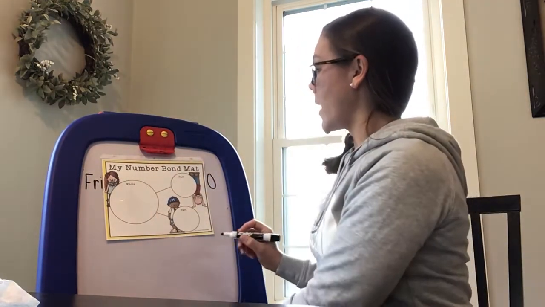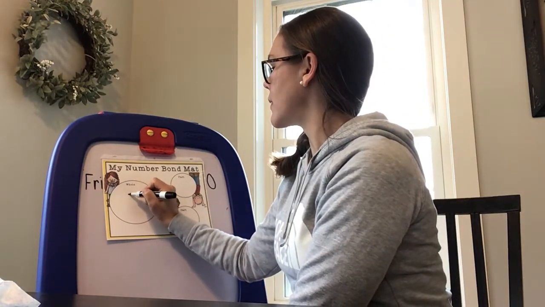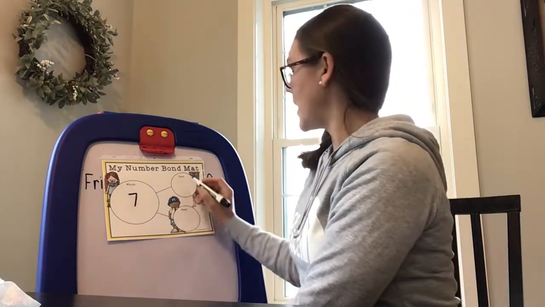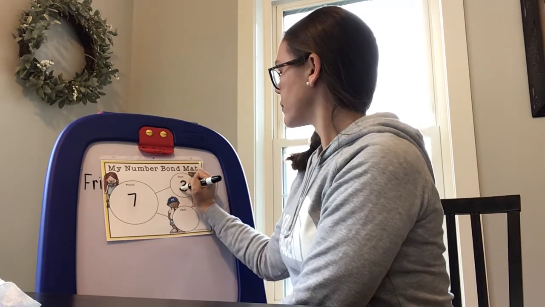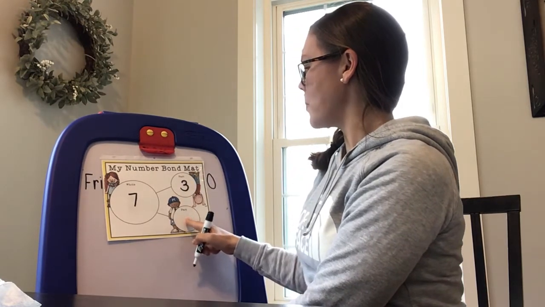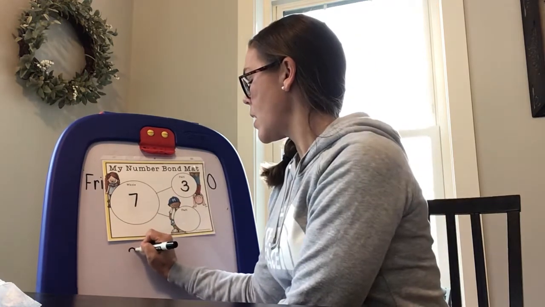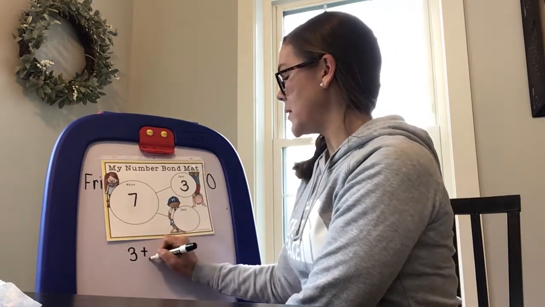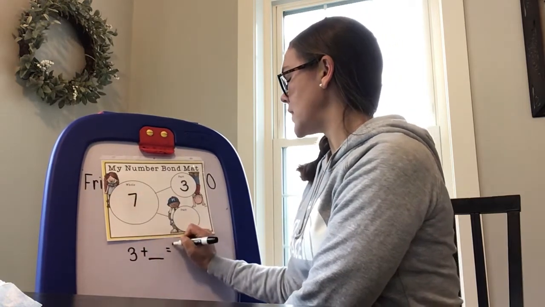So let's go ahead and start with our whole as 7. Let's say one of my parts is 3. I need to find my other part. Now we know that it's going to be 3 plus this part that's missing, and it's going to equal my whole part, which is 7.